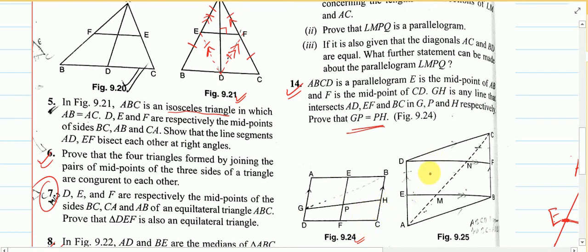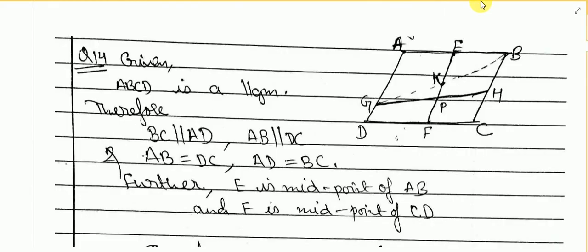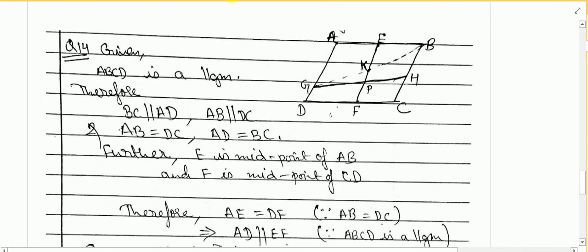Okay, so now let us see how we are going to show it. Clear? So here question number 14. Okay, so given ABCD is a parallelogram, that means AB parallel to DC and AB equal to DC, AD equal to BC and AD parallel to BC.